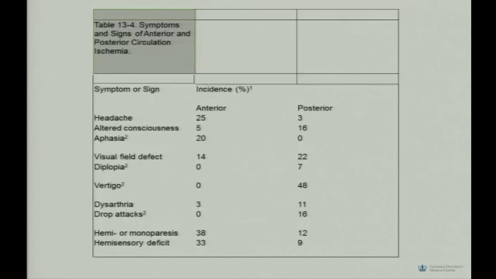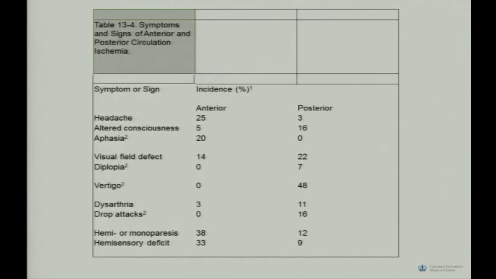So these anterior strokes are going to result in things like headache, aphasia or loss of speech, visual field defects, okay, hemi or monoparesis, and hemisensory defects. So meaning basically one-sided changes in movement and sensation. Okay.